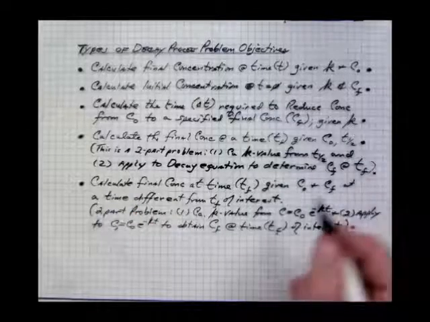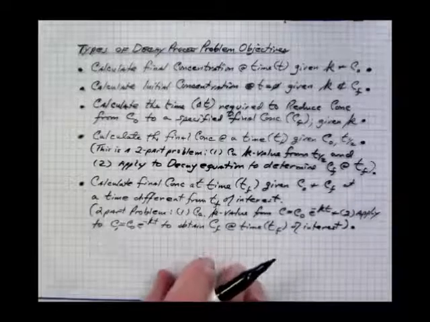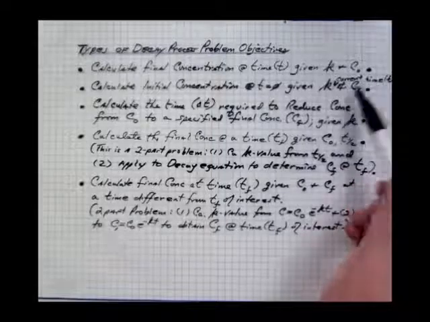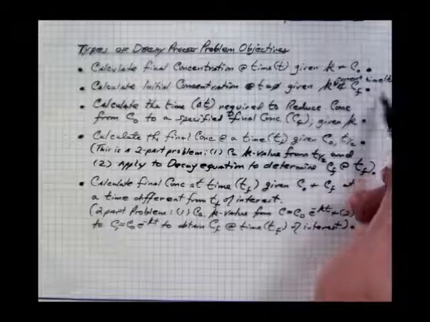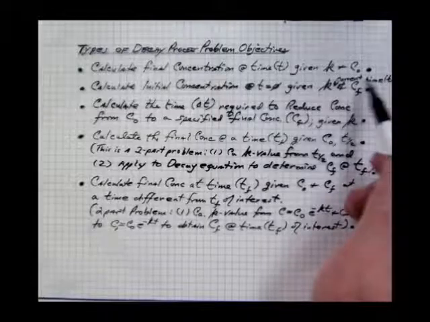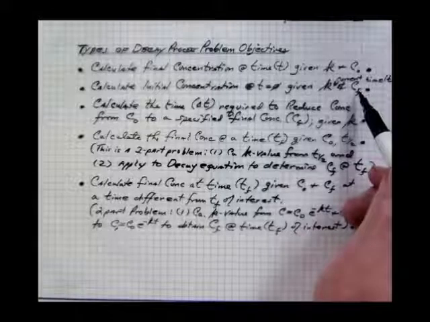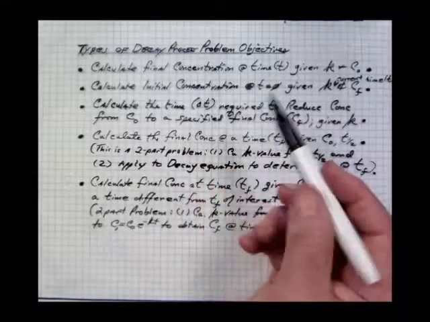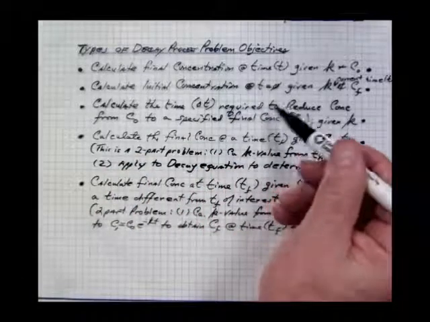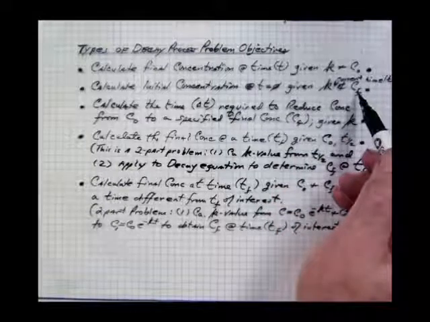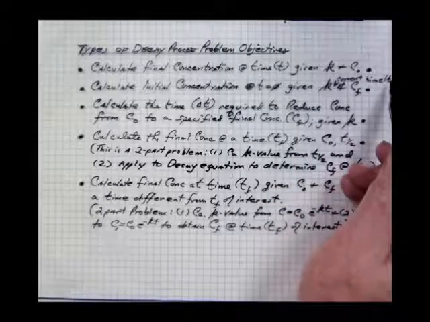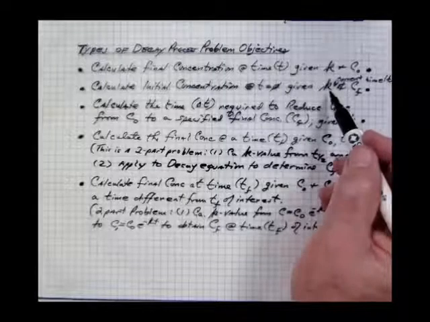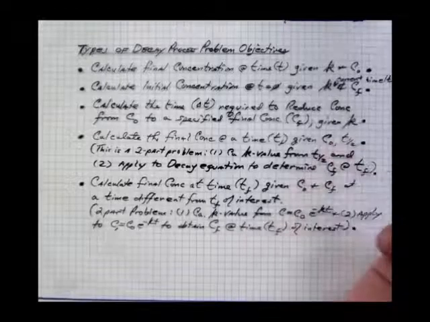I inserted the current time, and this of course refers to the time to achieve final concentration. Something like, calculate the initial concentration of C if the concentration now is such and such molarity at 50 seconds, and the rate constant is given to be such and such.